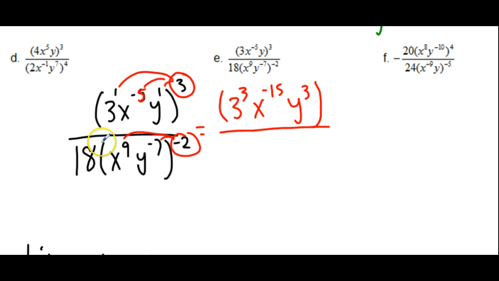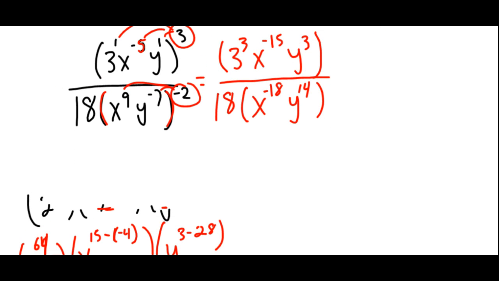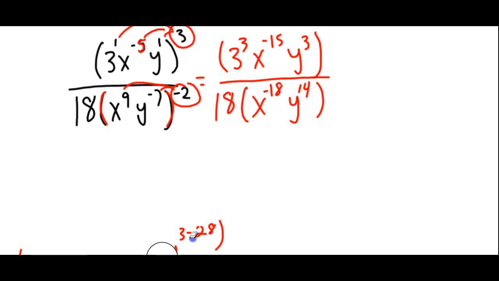So these numbers are getting a little bit more difficult, but bear with me. So 24, we can't do anything with the 24, so leave it, right? Because it's on the outside of the parentheses. Don't get it confused. So we have x, negative 9 times negative 5, that's a positive 45. And then y, this is raised to the first power, so 1 times negative 5, that's just negative 5.